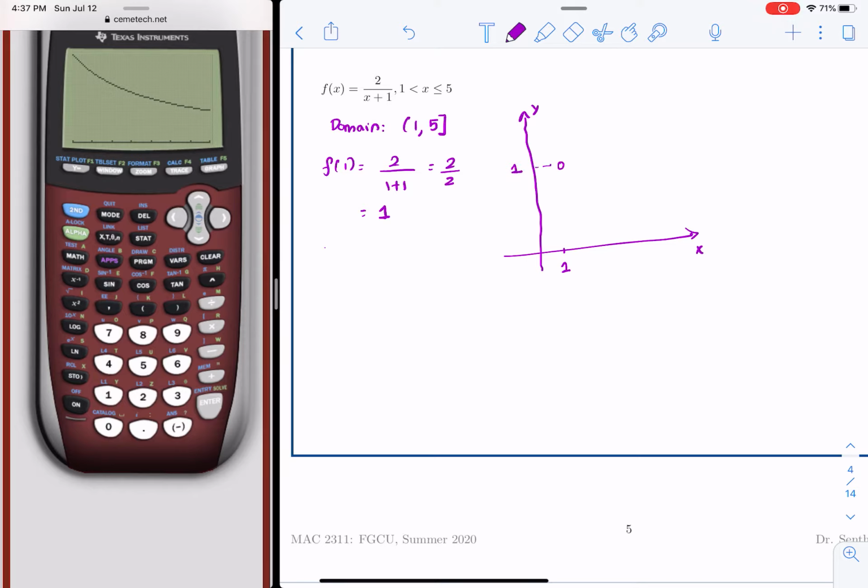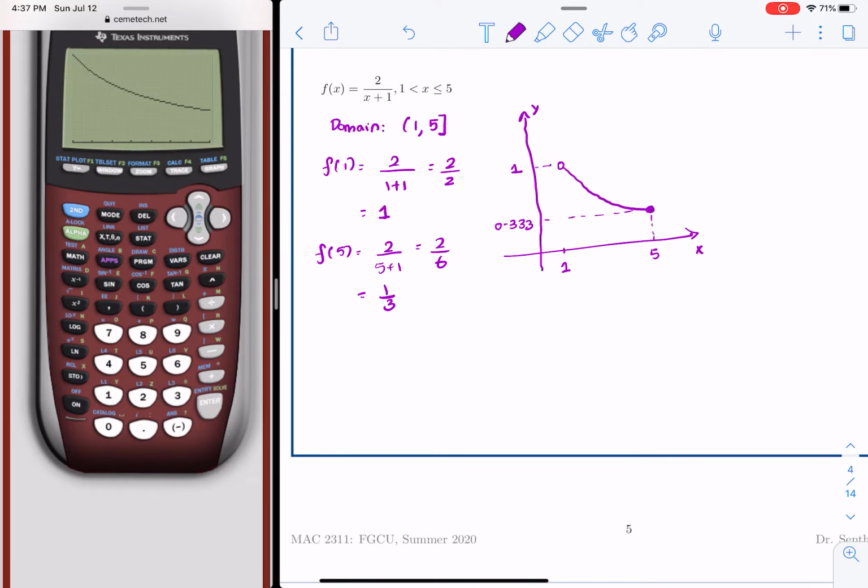And when x is 5, I have 2 over 5 plus 1, which is 2 over 6, and that would be 1 over 3. And that would give me 0.33, so perhaps I could put it over there. And it's a curve of that sort.